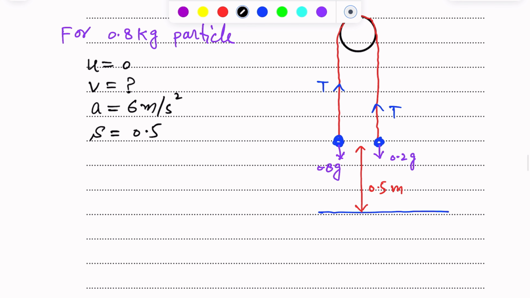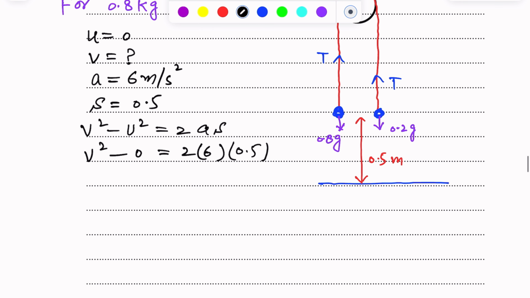We are using this equation: v square minus u square is equal to 2as. u square is 0, 2 into a is 6, distance is 0.5. So after calculation we get v square is equal to 6, and v is equal to plus minus root 6, but we are taking its magnitude, that is root 6.